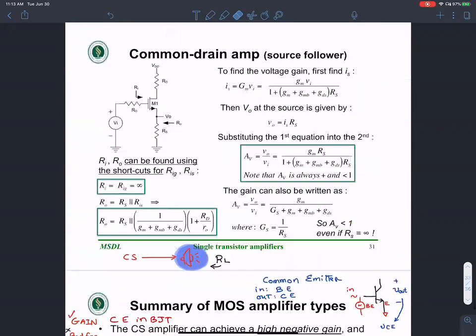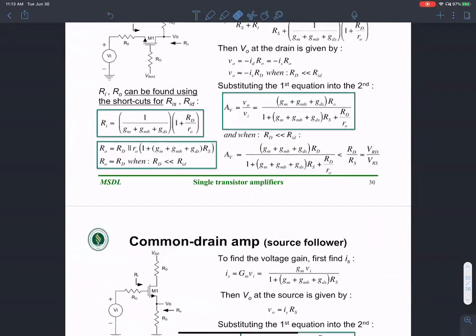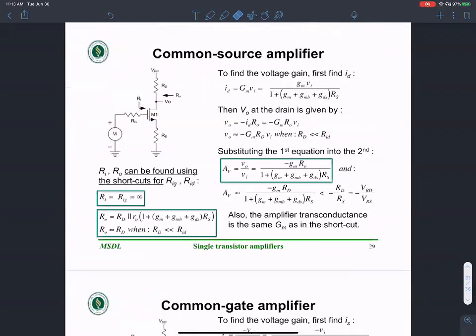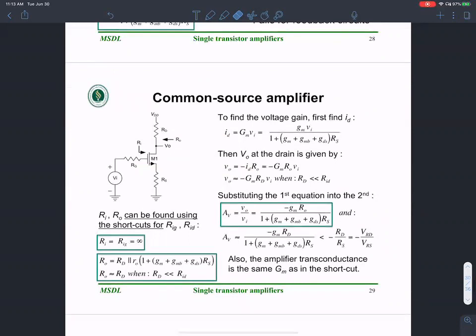So now let's look at the common source amplifier. The MOSFETs are easy in the sense that when you're looking at the input resistance on the gate, our input is ideally and reasonably close to infinite.